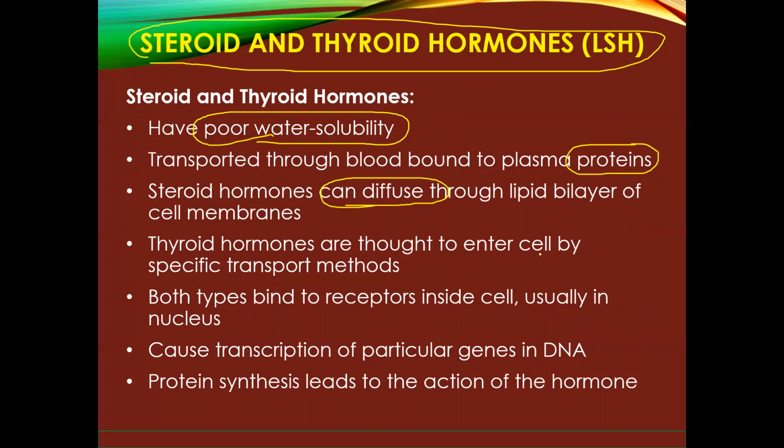They will enter into the cell, and even enter the nucleus of the cell. The receptor will be inside the cell, mostly in the nucleus, which is on the DNA. Because the receptor is on DNA, the action will be altering the gene. So the gene will be altered by these lipid-soluble hormones.